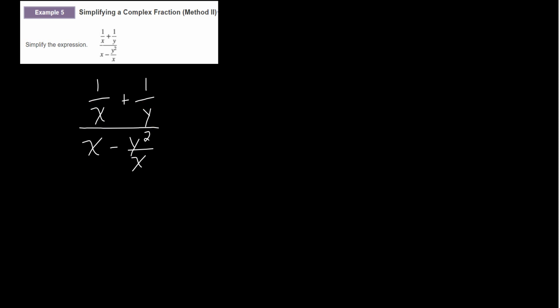So I'm going to multiply this entire fraction by xy over xy. Okay, and then again proceed to distribute. Okay, so xy times 1 over x. Well, the x's will cancel, right? So it just becomes y plus, well, kind of the same procedure here.